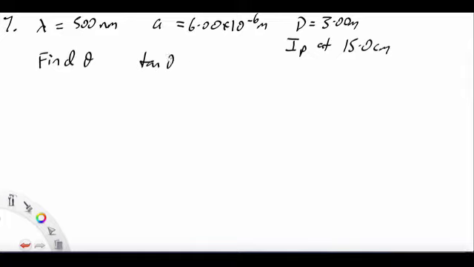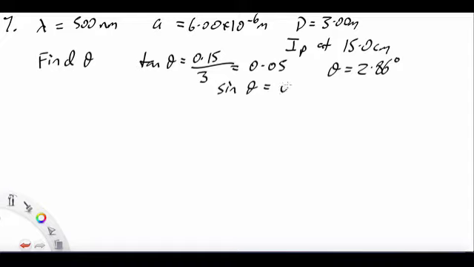Now we know that tan theta equals 15 centimeters, which is 0.15 meters, over 3 meters is 0.05, and that gives us theta equals 2.86 degrees. So then sine theta, again, is 0.05. So for that small angle, you can see they are about the same.